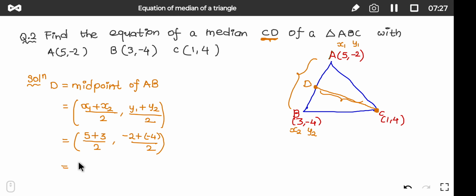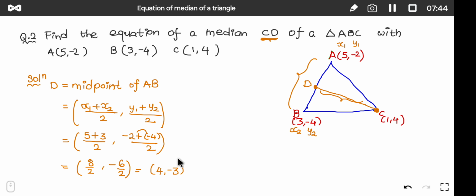Then 5 plus 3, which is 8 by 2 comma minus 2 minus 4, which is minus 6 by 2. 8 by 2 is 4 comma minus 6 by 2 is minus 3. So our midpoint D point is nothing but 4 comma minus 3.